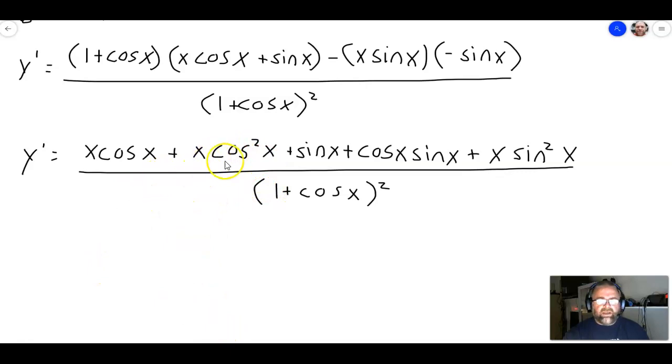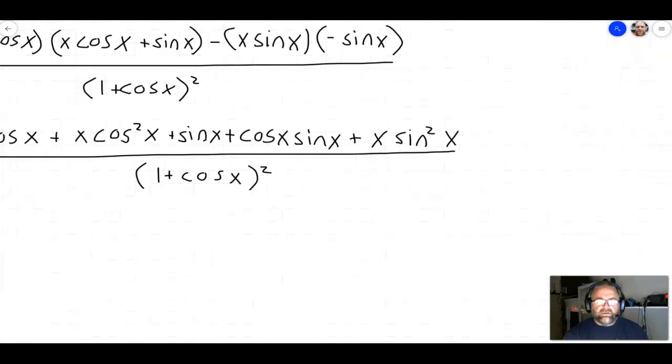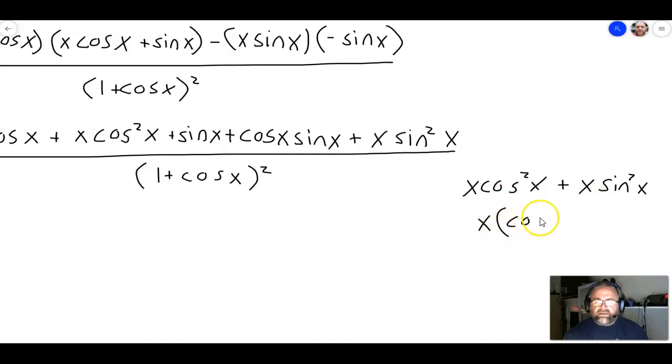We could almost leave it like this, except I see one little thing. I'm going to do this off to the side. I have an x cosine squared of x plus an x sine squared of x. Y'all can let me know if you saw this. If I factor an x out of those two terms, I get x times cosine squared of x plus sine squared of x.